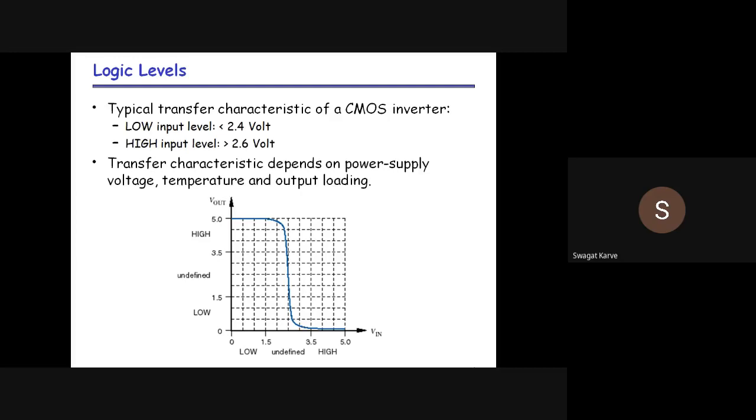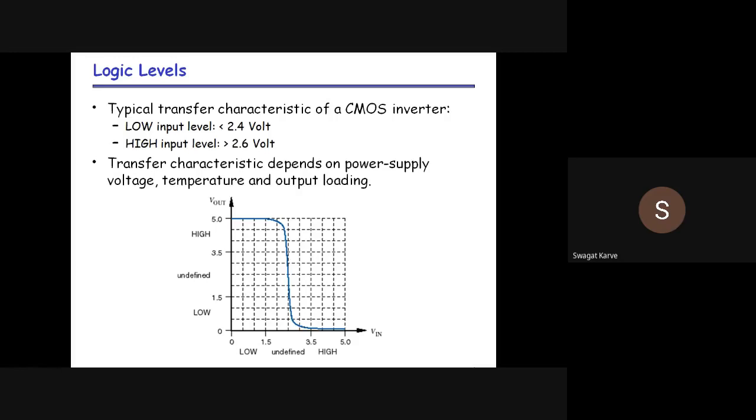Typically, if you talk about the transistor-transistor logic, TTL, logic 0 can be between 0 to some 1.5 volt, and logic 1 can be between 4 or 4.5 to 5 volt, right?